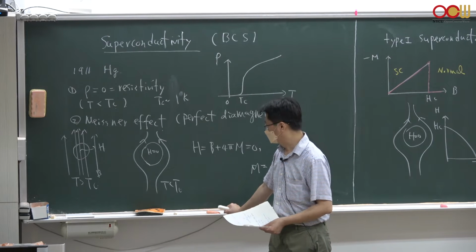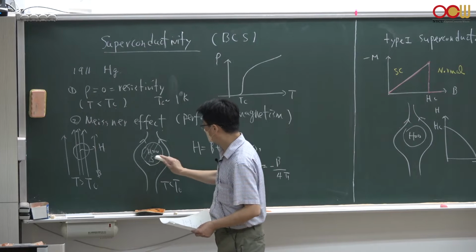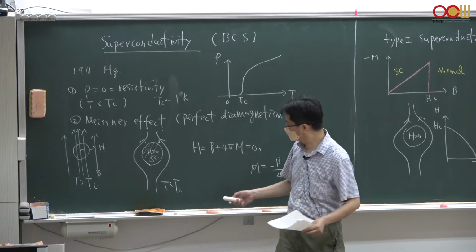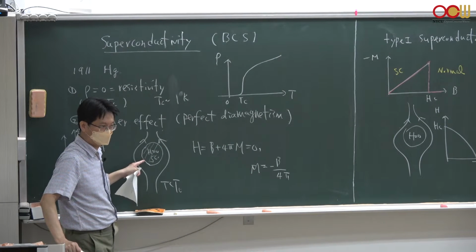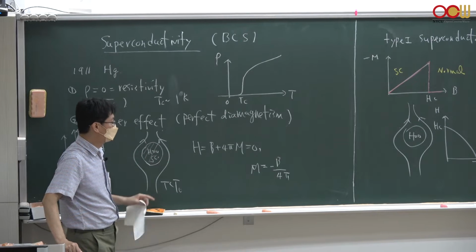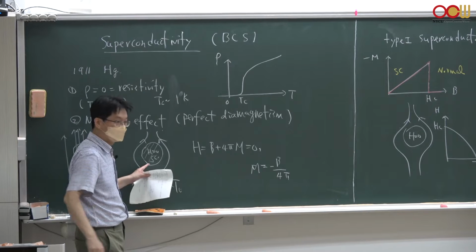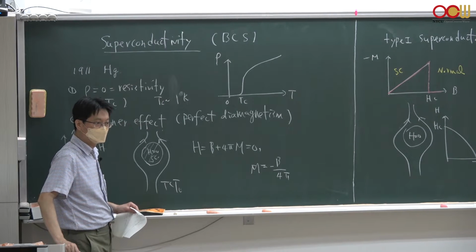However, if you are below Tc and the system becomes superconducting, then if you apply a weak magnetic field, not strong enough, the magnetic flux will not penetrate. The system creates a magnetization to cancel the external magnetic flux that you introduce.